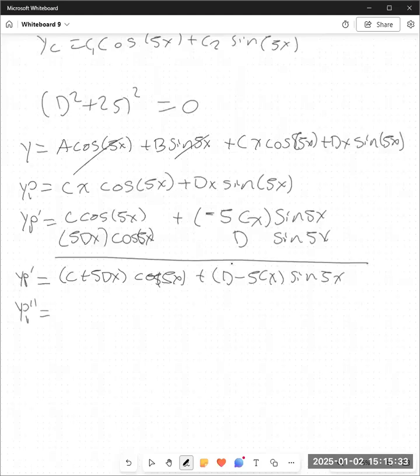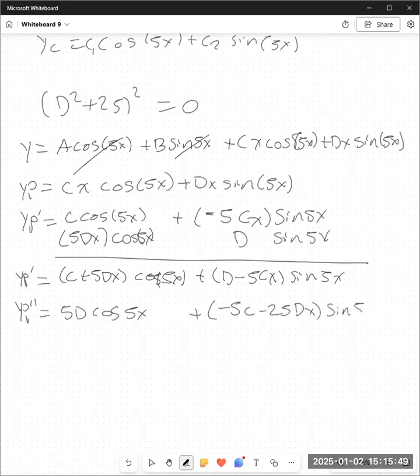Yp double prime is equal to 5d cosine of 5x plus, then negative 5c minus 25dx sine of 5x, negative 5c sine 5x, and then 5d minus 25cx cosine of 5x.